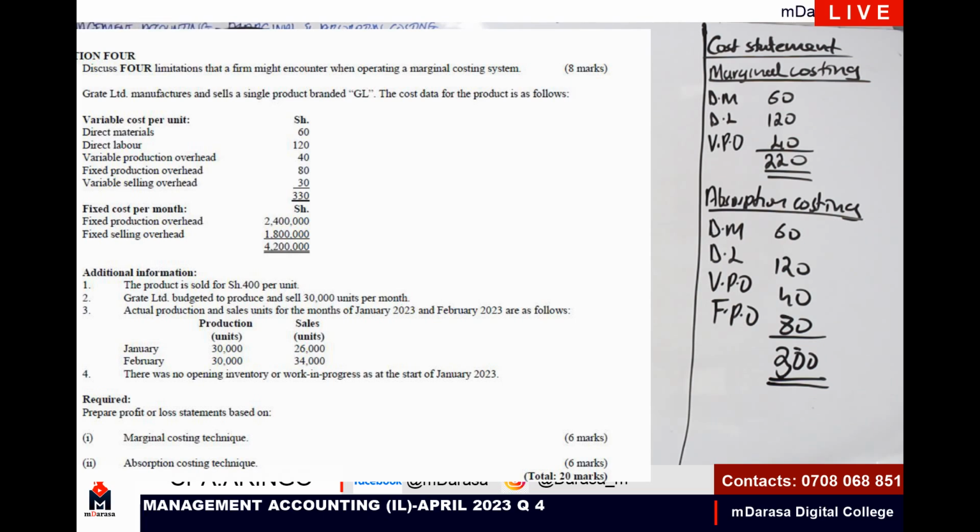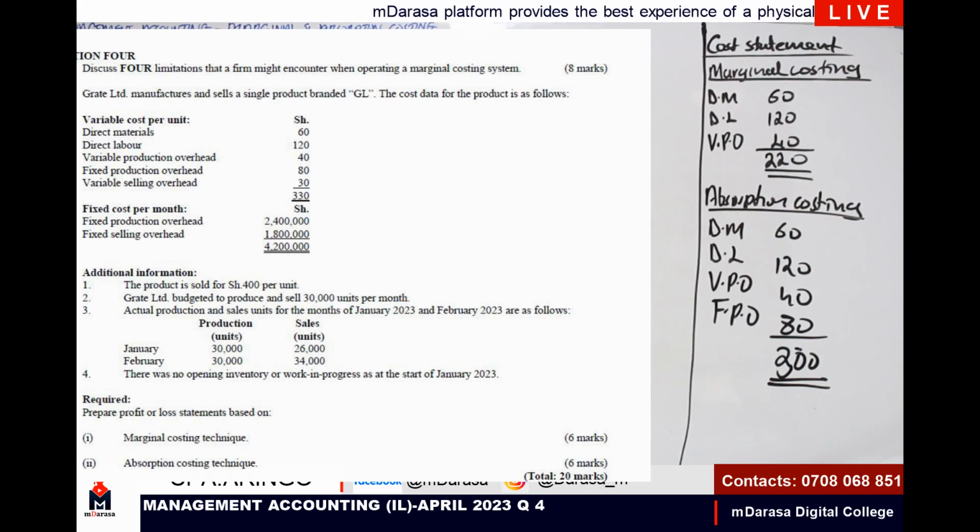Once you have this already, it's as if you summarized almost everything that will be required. So in that case, we prepare our statements. I'm having marginal costing, with January and Feb. I'm going to prepare it horizontally.